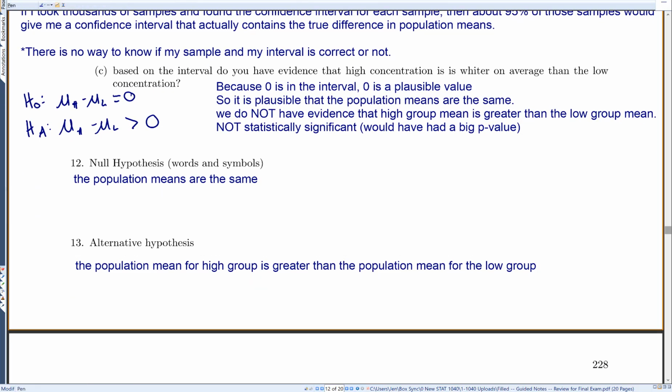I wrote it in symbols with the subtraction. You could also write it like this: the population mean for the high group is equal to the population mean for the low group, or the alternative, the population mean for the high group is greater than the population mean for the low group.